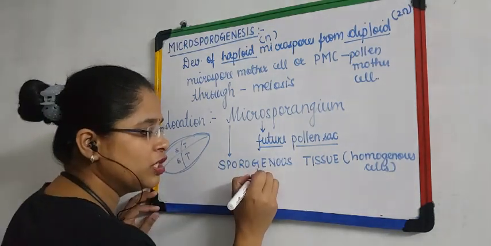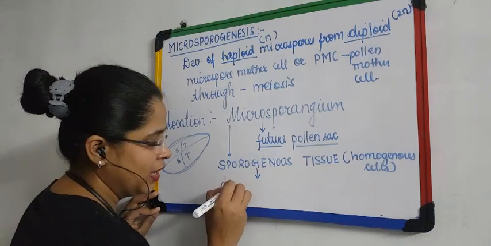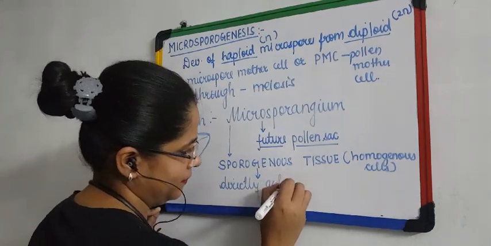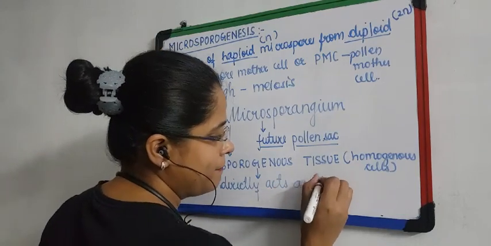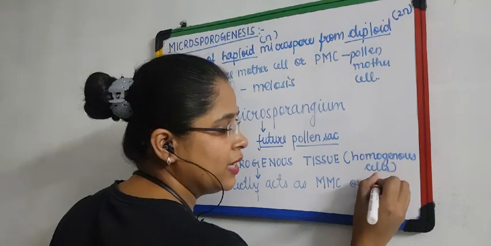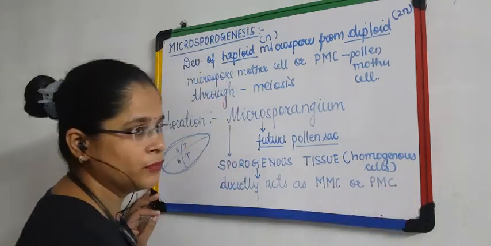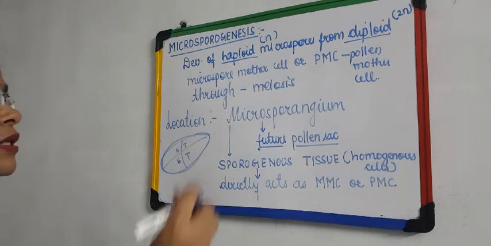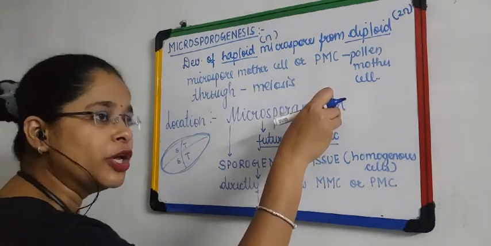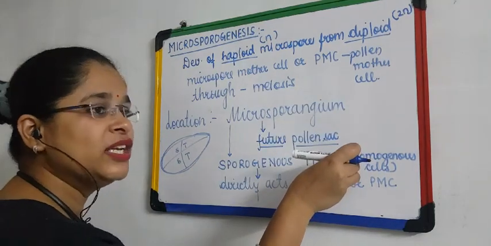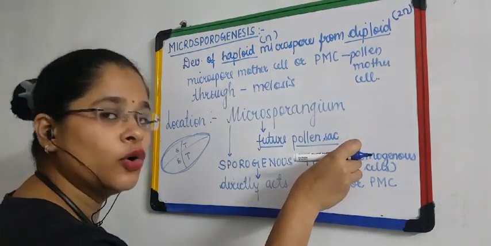These sporogenous tissues directly act as MMC or PMC. The sporogenous tissues present in the microsporangium are all homogeneous cells which undergo division.